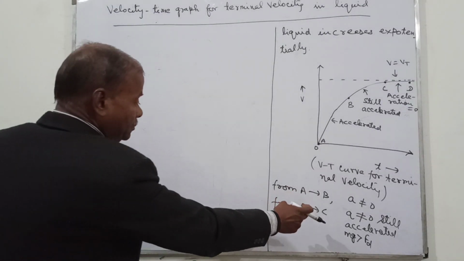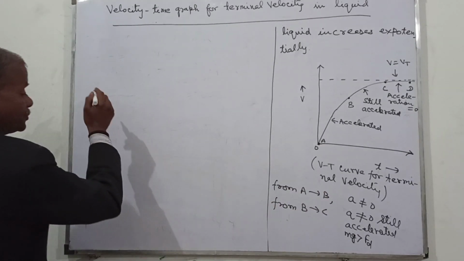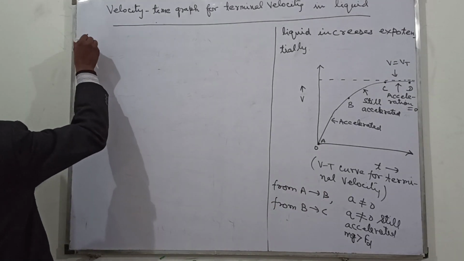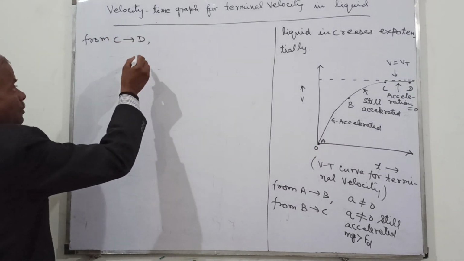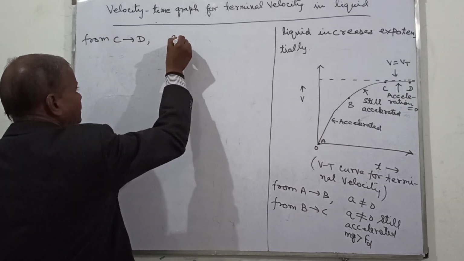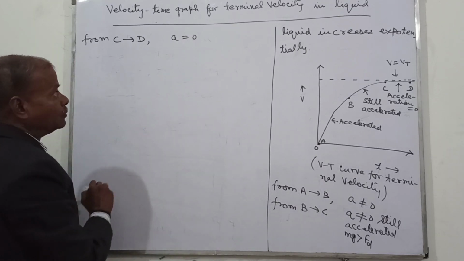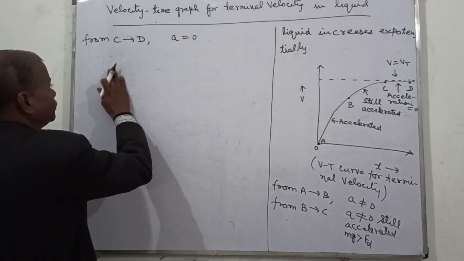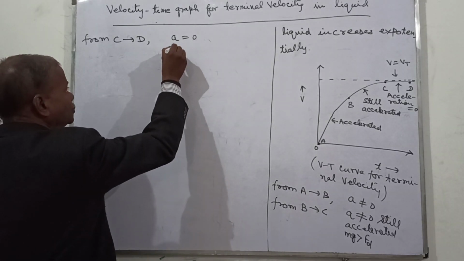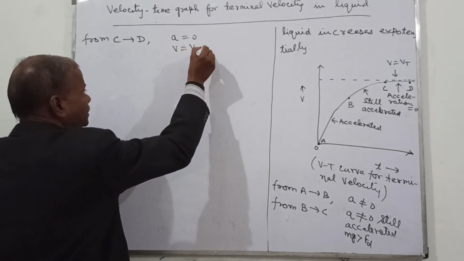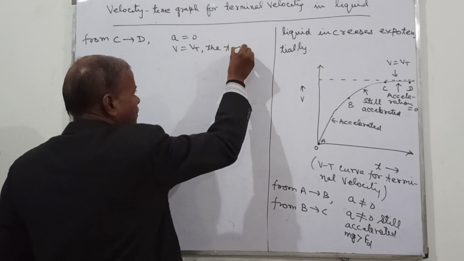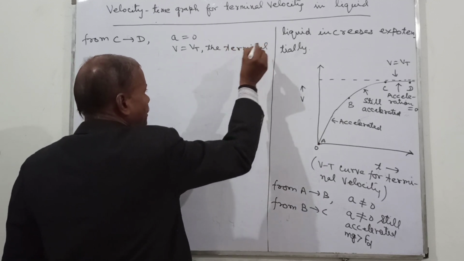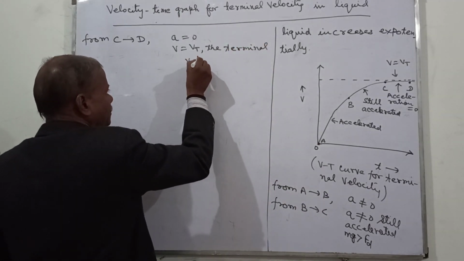And from C to D, the acceleration a is equal to 0. So v equal to v_t, the terminal velocity.